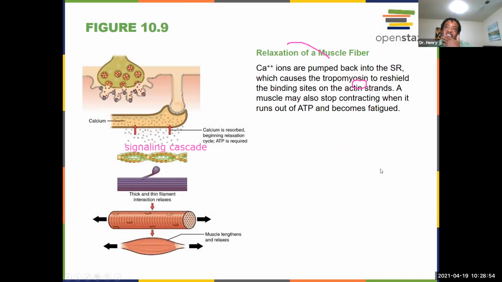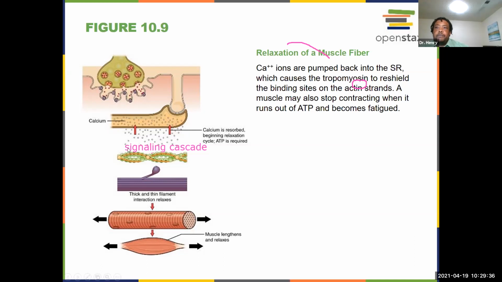Okay. Now, for relaxing of those muscle fibers, calcium has to be removed from those structures, right? So then there's tropomyosin. The tropomyosin basically reshields the binding sites that allow the troponin from binding with that calcium, right?